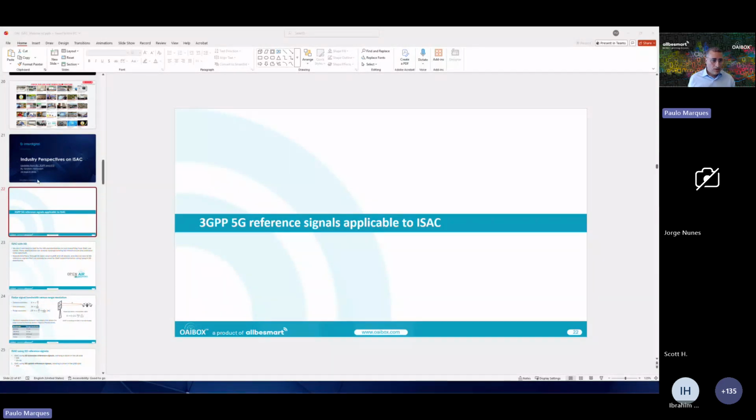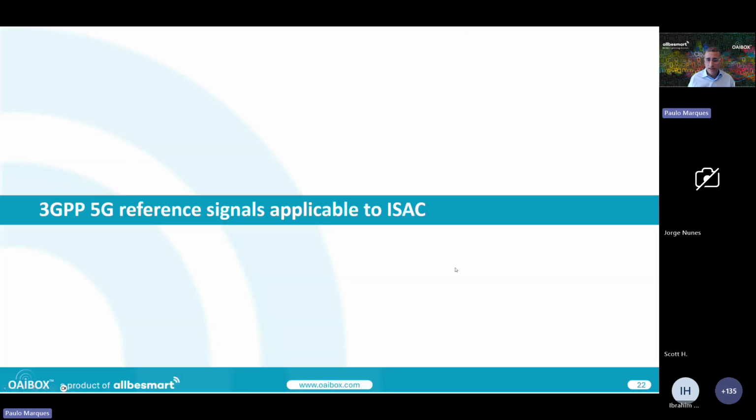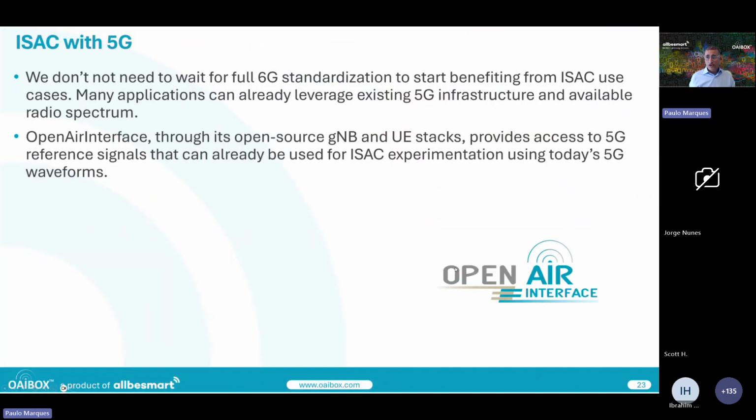Okay, so Ibrahim just gave us an industry perspective on ISAC, and now we'd like to go more, let's say, technical on what is possible to do today with the waveforms that we have in 5G. The idea is that we don't need to wait for full 6G standardization, which is going to be maybe finalized by 2030, to start using ISAC.